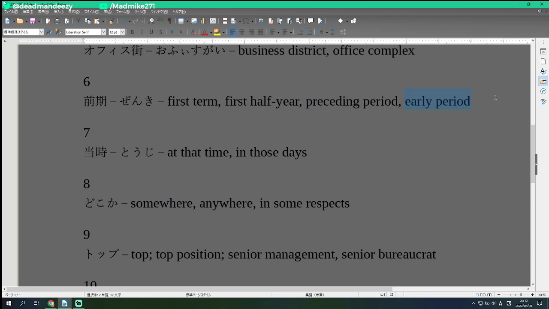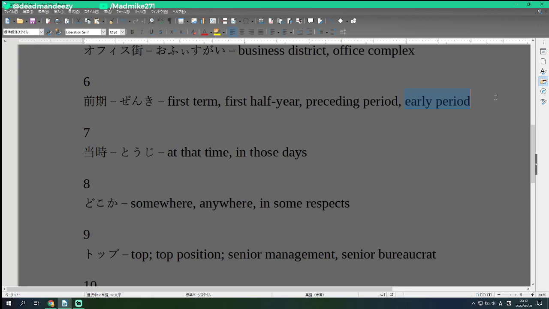Zenki is the early term, first term, or previous term.